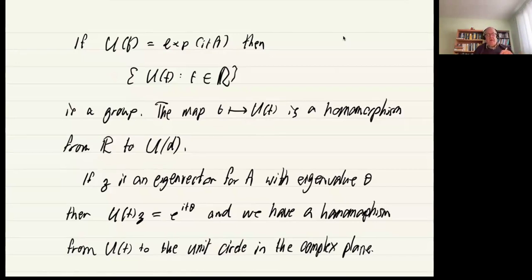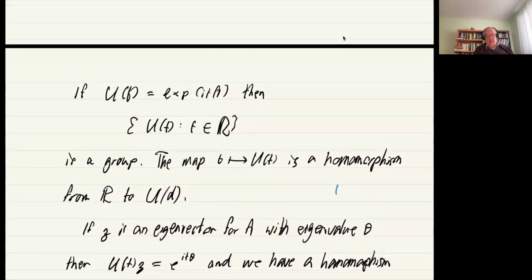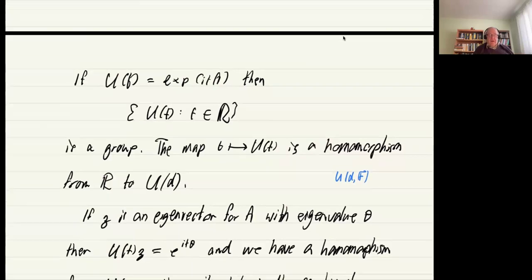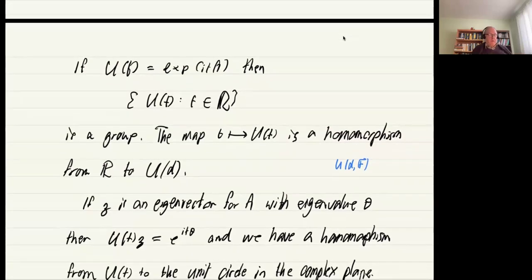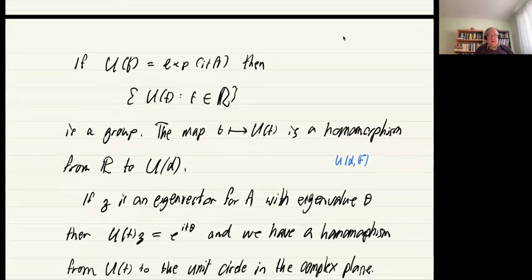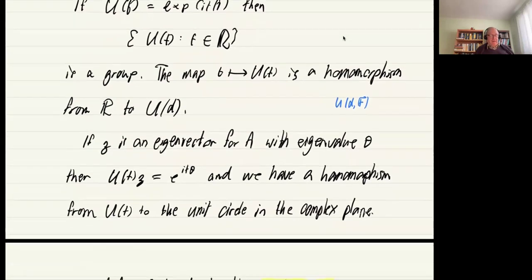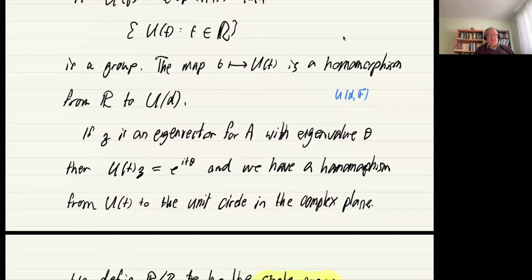Now, as a group theorist, I would normally use something like U(d, F) to denote the unitary group of d by d matrices over the field F. But I was scolded once by a physics referee who was upset that I was writing U(d, F) and said, what could F be but the complex numbers? Well, as far as we're concerned, it's only the complex numbers, but it could be other things in general. Anyway, so we have a homomorphism from the real numbers to the unitary group.